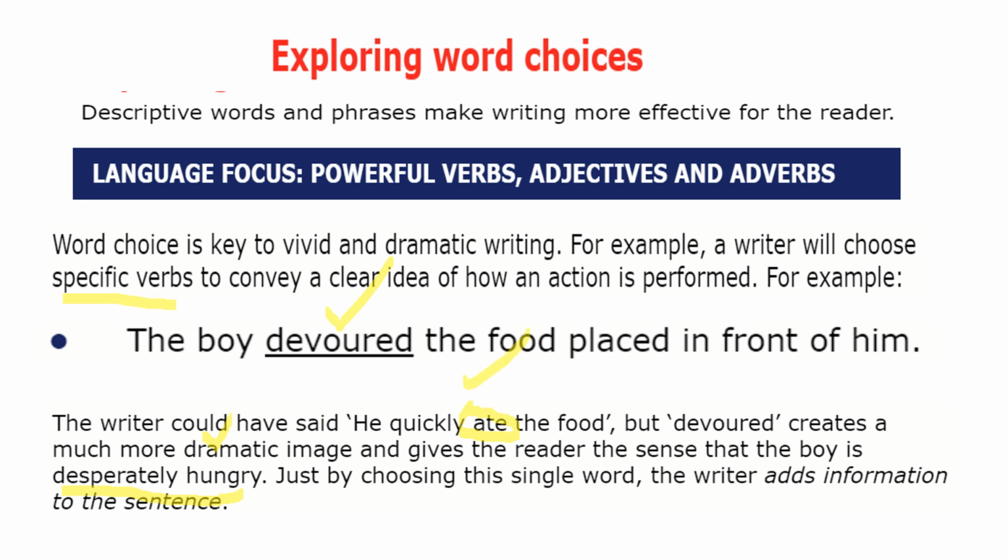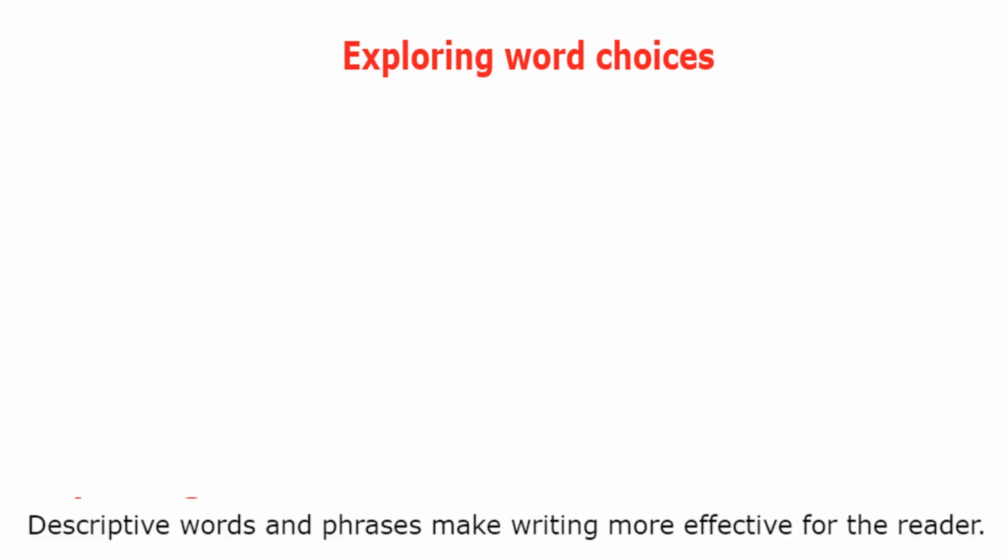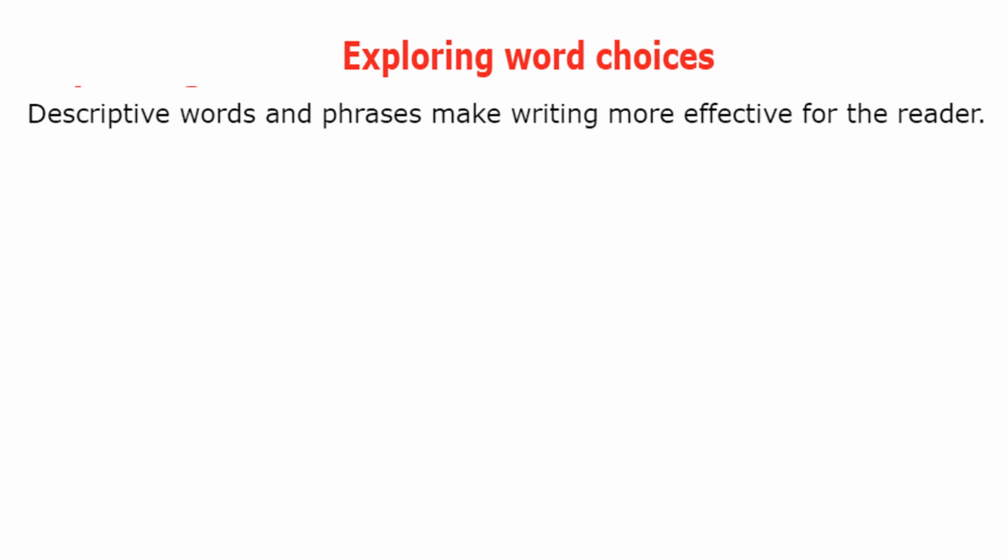So it means that by the choice of this word devoured, we not only know about this boy who is eating, but we know that he is eating quickly and he is really hungry. So you see that just by choosing this single word, the writer adds more information to the sentence. So you should never ignore the word. You must go deep into the word's connotation and look at the different shades of it.